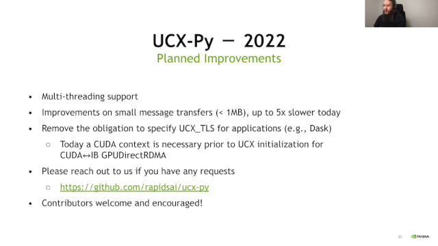Because of that, we are forced to make the user specify when CUDA devices will be used in the application, for example, in Dask, to make sure that the context is indeed created before UCX is initialized. If that isn't done, GPU direct RDMA won't be enabled, and this may have a steep negative impact on performance, depending, of course, on the communication patterns of the application.